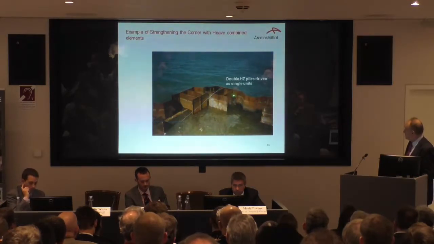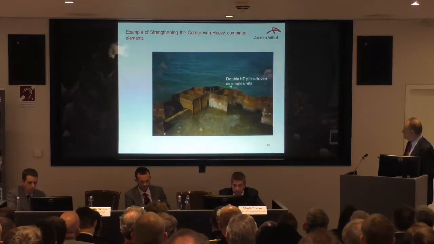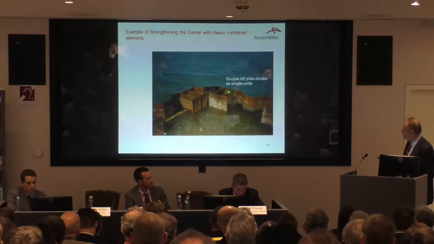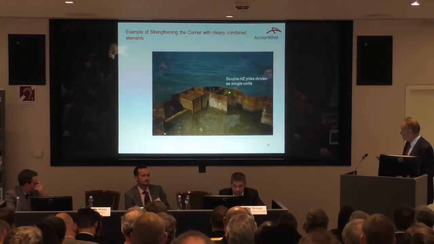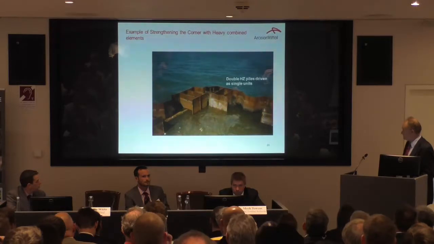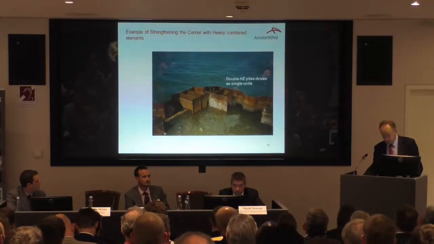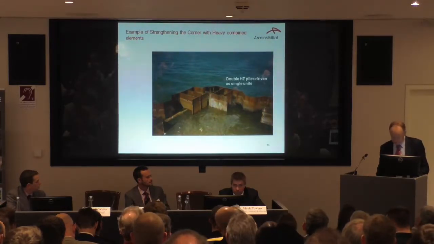So you can have a face of a quay with very strong primary elements up to an EI of 1,000,000 kilonewton meter squared per meter, and protect the Z piles by installing them on the back face.